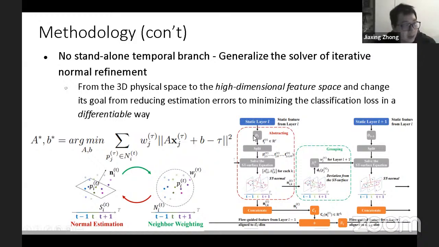The kernel size is a number we defined, but in our experiments, a good enough value should be half of the dimension of this static feature.